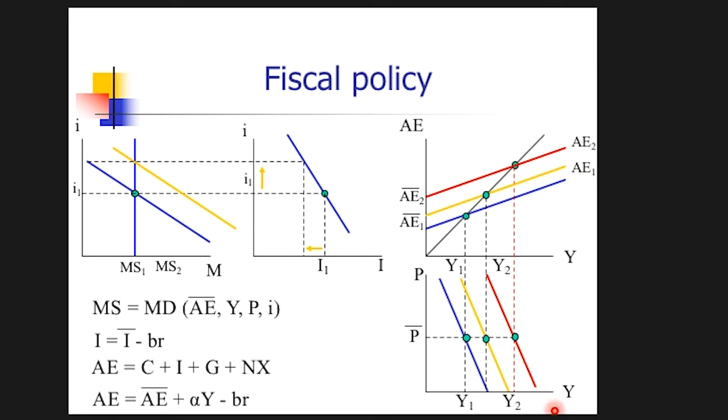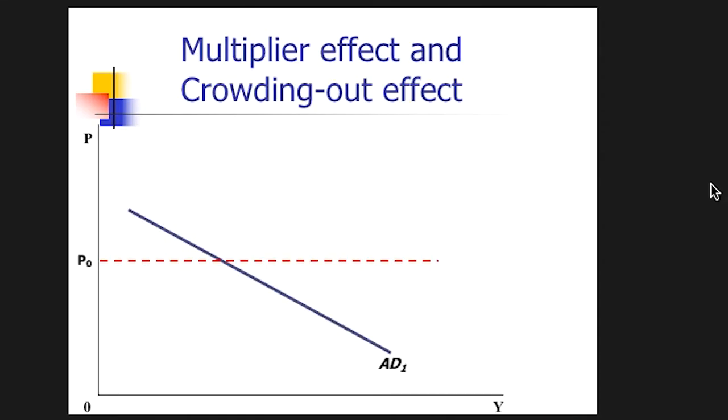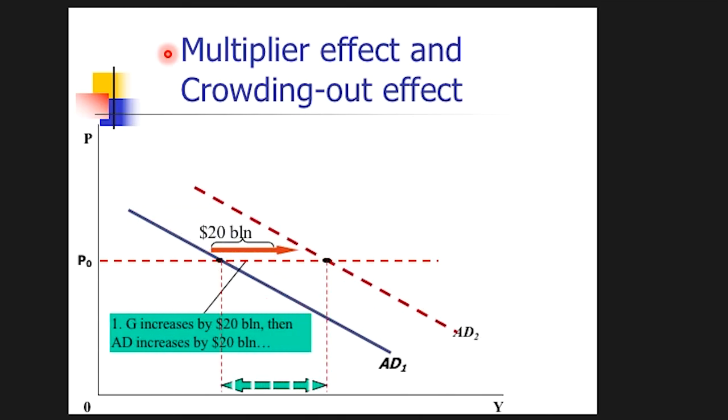So now finally, we can see that there are two effects of fiscal policy. The first effect, the multiplier effect, increased aggregate expenditure from the blue line to the red line.